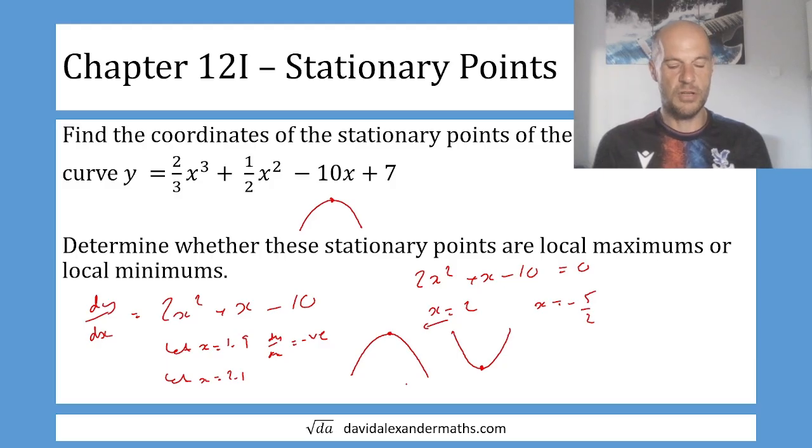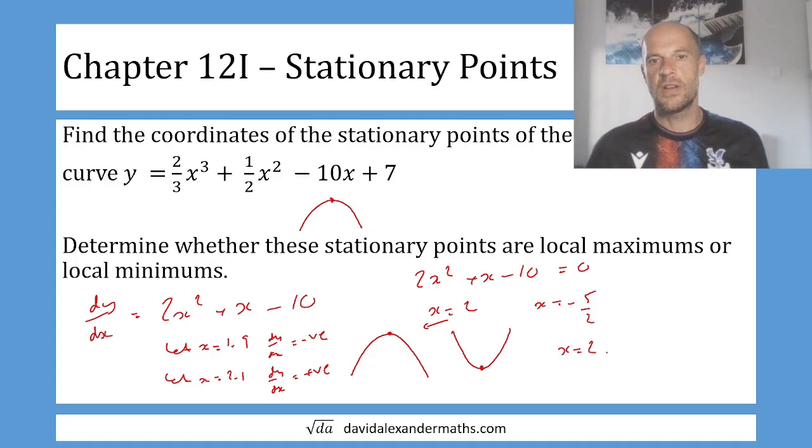So 2 times 2.1 squared plus 2.1 minus 10, and dy by dx is positive. So if it's negative to the left and positive to the right, then when x equals 2, the stationary point is a local minimum.